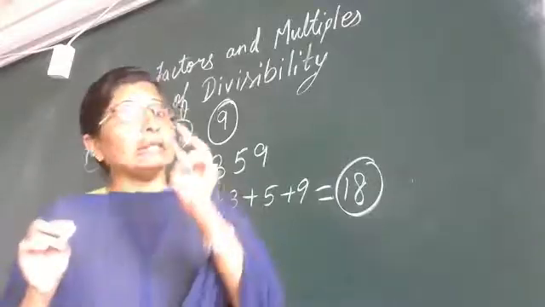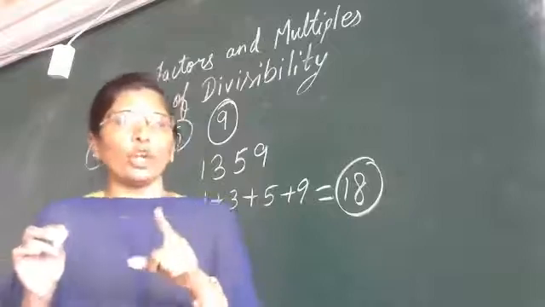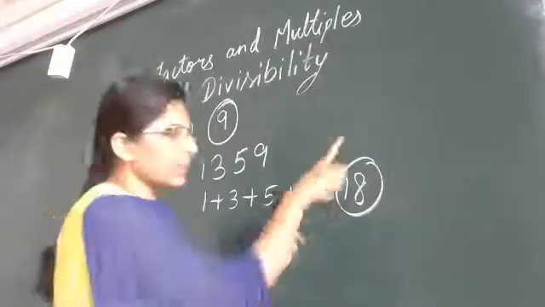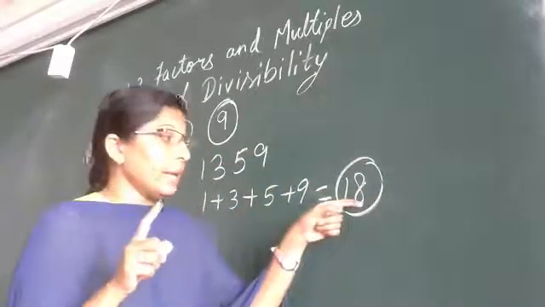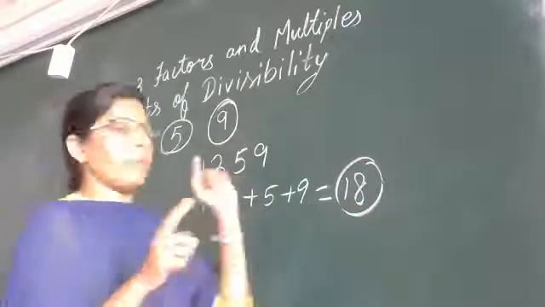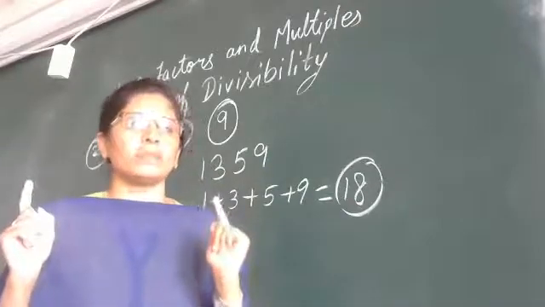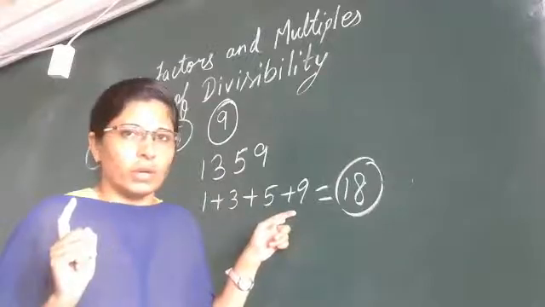So divisibility by 3 and divisibility by 9 are the same. You only have to add the digits and see if the answer comes in that table. In the 9 table, if this answer is coming, this full number is divisible by 9. Okay, so understood divisibility by 9? You have to add and see.